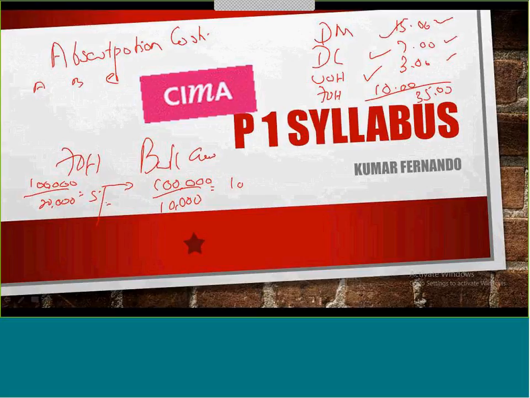So if it is going to take 3 hours, we will allocate or apportion $15 for overhead. Product A is going to take 3 labor hours, we will say 15. If product B is going to take 4 hours, we will say 20. If product C takes 2 hours, we will say 10. That's the way that we are allocating or apportioning the overhead.